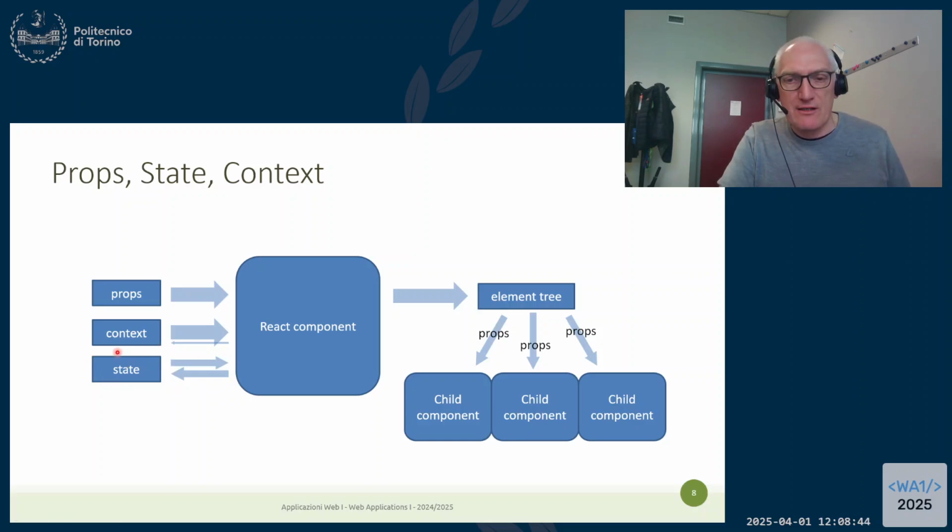Okay, this is this block. State is not received from outside, is internal to the component, is owned by the component, but it can be, of course, used to compute the element tree. So to decide which tree, which component, which children to generate, in which order to generate them, which property to pass them, and so on. Okay, so this is the goal of the state.